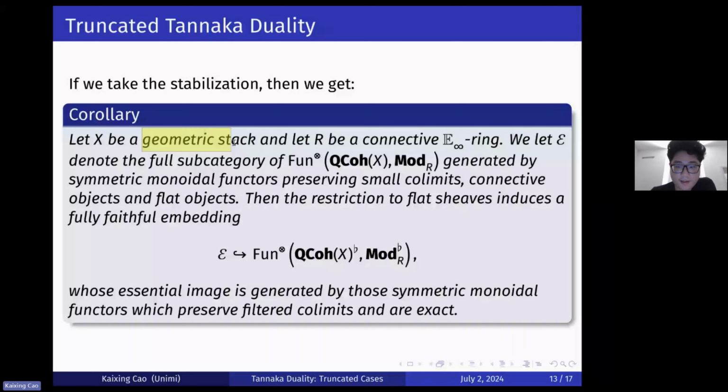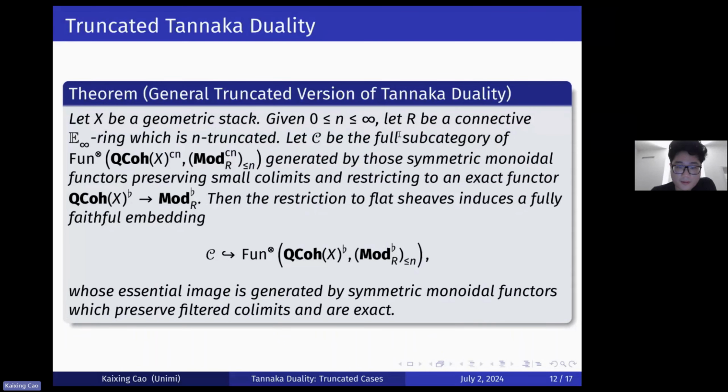For geometric stacks and connective infinite rings, because we can take n to be infinite, this theorem holds if we don't take any truncations.